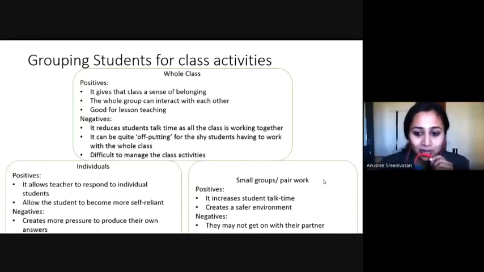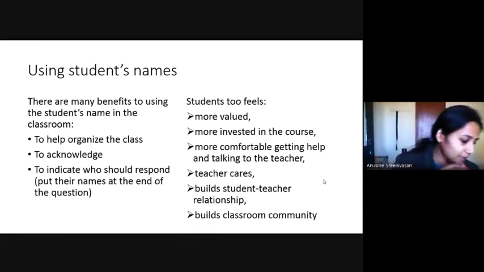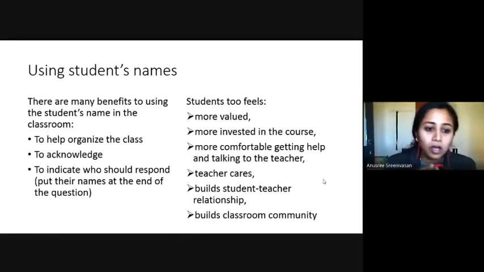Okay. Now another consideration is using students' names. So there are many benefits to using the student's name in the classroom. It helps to organize the class. So you just have to know the name of the student, you can just call them. So it is always better, as teachers, that we know the names of the students.